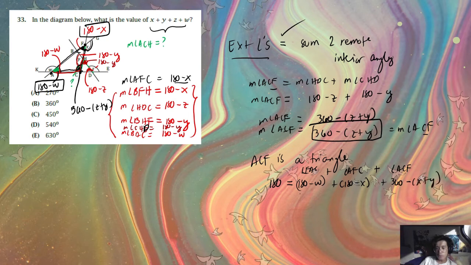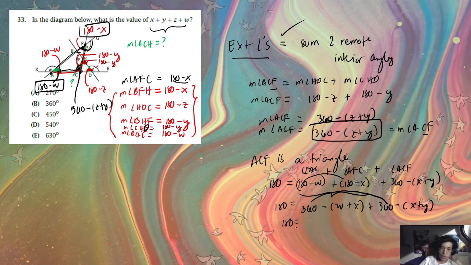And if we group these two binomials as separated by these parentheses, this is going to give us 180 is equal to 180 plus 180, so that should give us 360, minus quantity w plus x, plus 360 minus quantity z plus y. Okay, so we have our variables here. What we can do next is add these two constants, 360 plus 360, so that should give you 720.